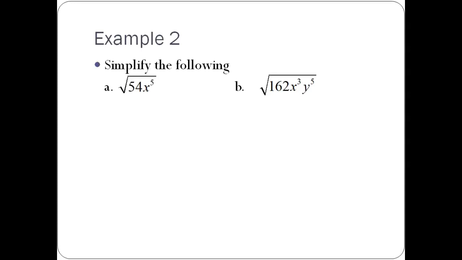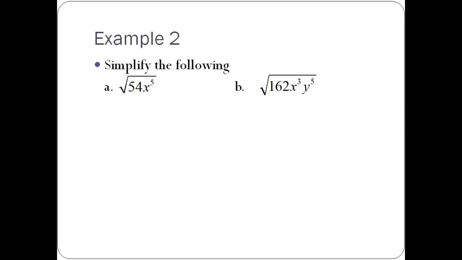So starting with the 54, I want to think of perfect squares that could be factors of 54. So in this case, 9 is a perfect square that's a factor of 54. So I'm going to put 9 under the first square root. Then for x to the fifth, I want to think about whether x to the fifth has any factors that are perfect squares.